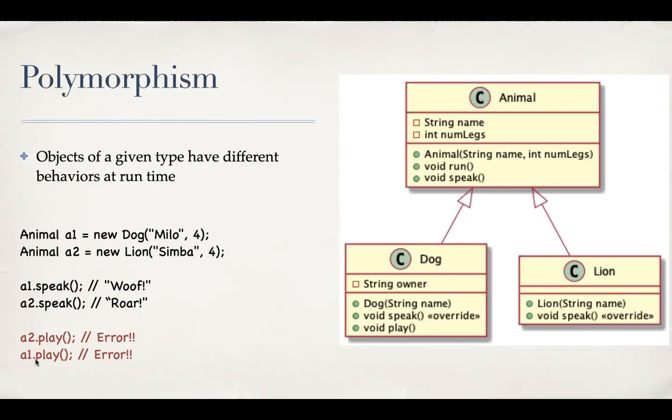Why? Remember, Java is a statically typed language, and when you type a1.play at compile time, it's only going to check what is the type of A1. It's an animal. Does animal have the method play? No. So it gives us a compile time error.